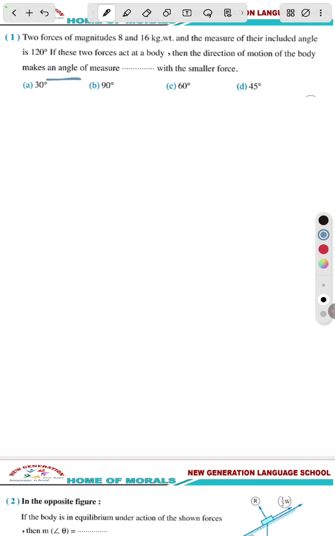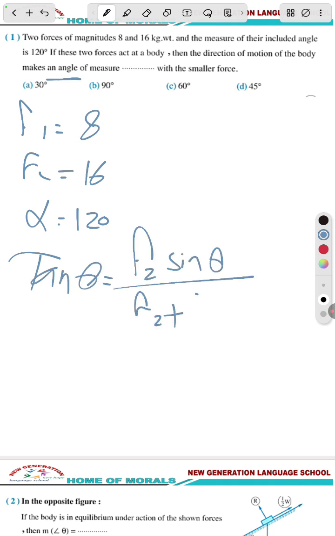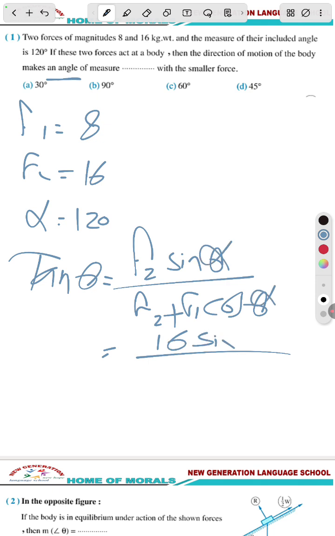of measure what? Firstly, F1 equals 8, F2 equals 16 and alpha equals 120. By using the rule tan theta equals F2 sine alpha over F1 plus F2 cosine alpha, F2 equals 16, sine alpha is sine 120, over 16 plus F1 equal 8, cosine 120.